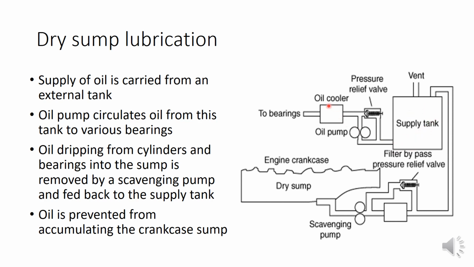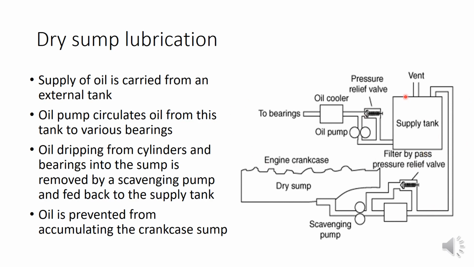From here we are pumping our oil with the help of an oil pump, and after reaching different components, it will drip down to the crankcase by gravity. But again we are using another pump. So in this case we have two pumps, but in wet sump lubrication we have only one pump. Here we have one oil pump and one scavenging pump. The function of the scavenging pump is to remove this oil from the crankcase and pump it back to the tank.